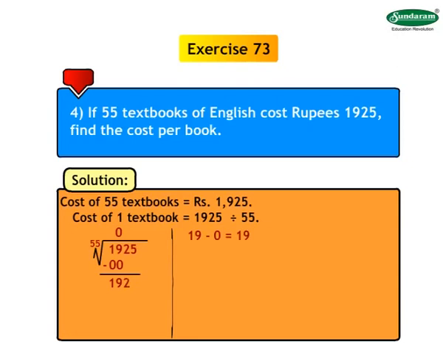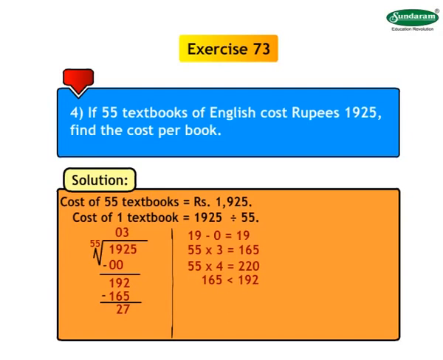Now let us try 55 into 3 is equal to 165. 55 into 4 is equal to 220. So consider 55 into 3 is equal to 165, as 165 is less than 192. Now, 192 minus 165 is equal to 27.